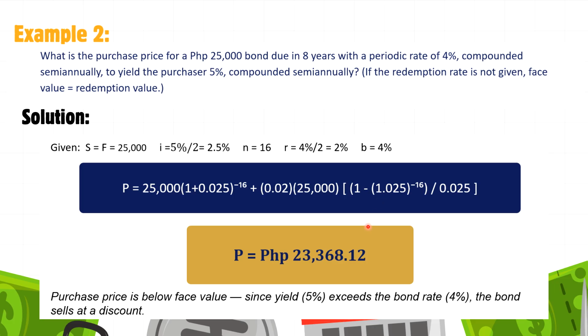So that would be equal to 23,368 pesos and 12 cents. Therefore, purchase price is below face value since yield 5% exceeds the bond rate. The bond sells at a discount. Bond discount will be tackled in the succeeding slides.